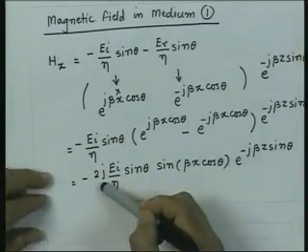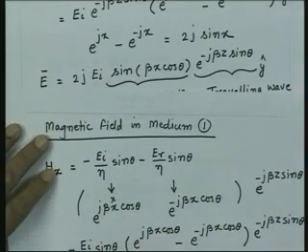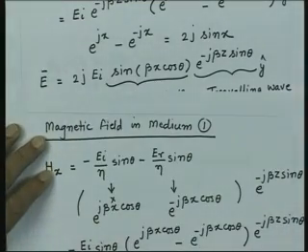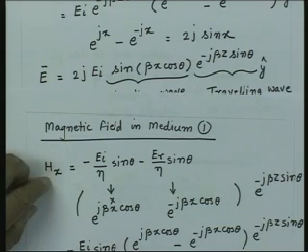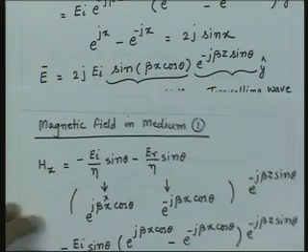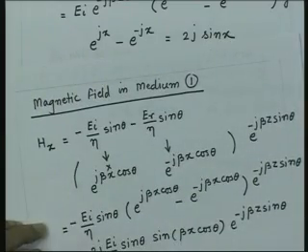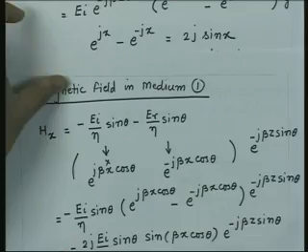Since both of them have j, these two will be in phase with a negative sign. So, E y cross H x gives me a real value of the Poynting vector which is in the z direction, and since there is a minus sign here, that gives me the net power flow in the z direction due to this product.